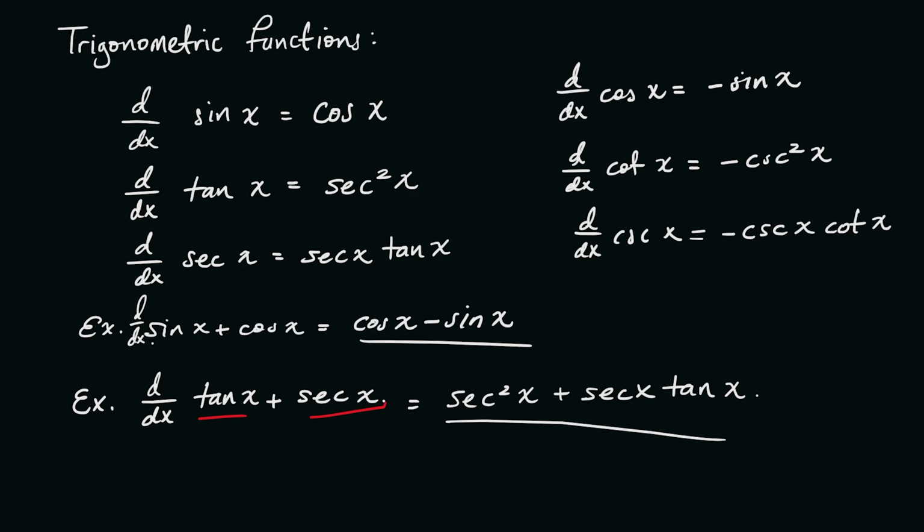Now, you might ask, what if it was inverse trig functions, right? Because those act a little bit differently here. So, inverse trig functions. Now, of course, we're going to have the same trig functions that we just had, but just the inverse of them.